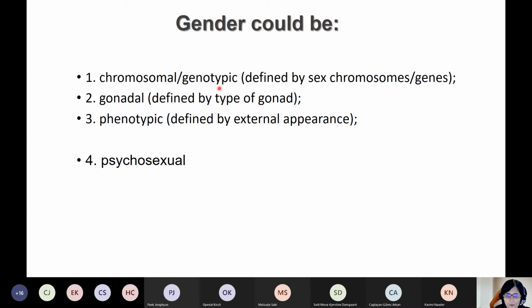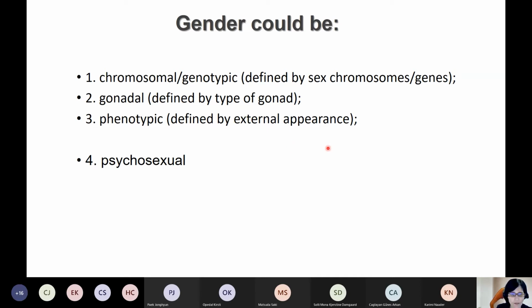Genotypic is a little bit more precise because it does not cover only the chromosomes, but it focuses on specific genes related to the development of the reproductive system. The gonadal gender or gonadal sex means only whether there is a testis or an ovary inside the body. Phenotypic gender is defined by the external appearance.